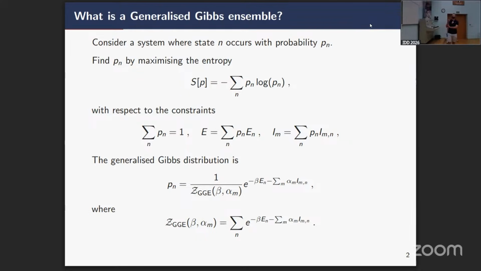Doing so leads to a generalized Gibbs distribution, where in the exponential I have the energy and the eigenvalues of all of these other conserved quantities in the state n. And this normalization constant, 1 over Z, is the sum over all of these exponentials. In an abuse of terminology, I'll refer to this as my generalized Gibbs ensemble.